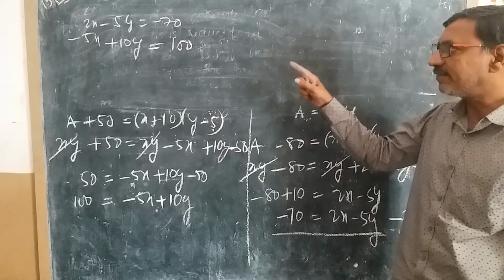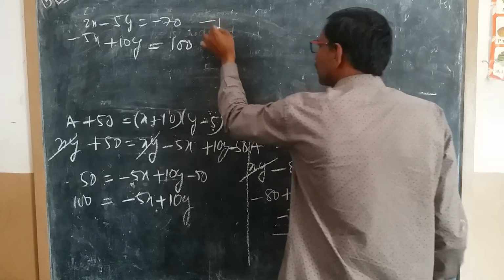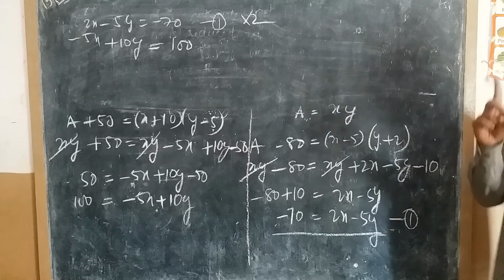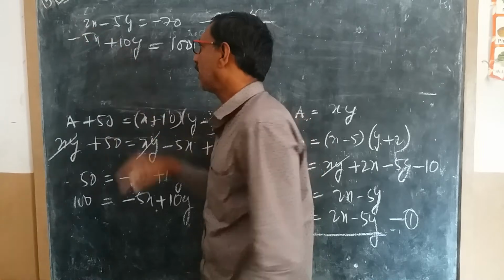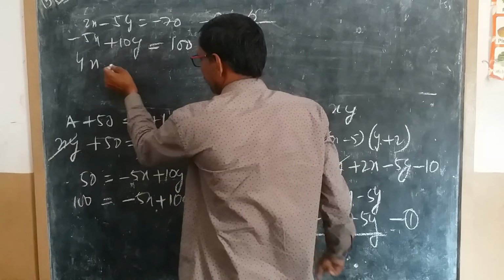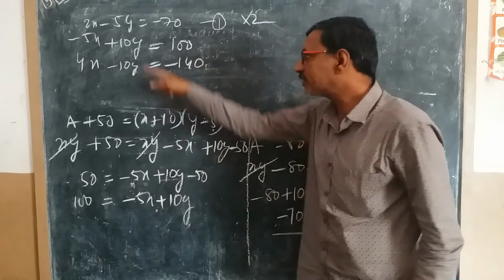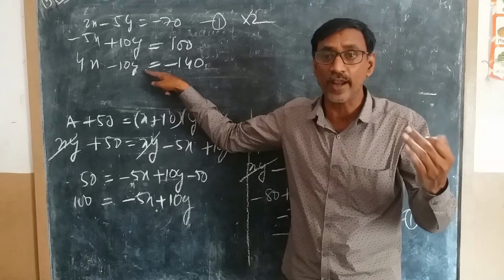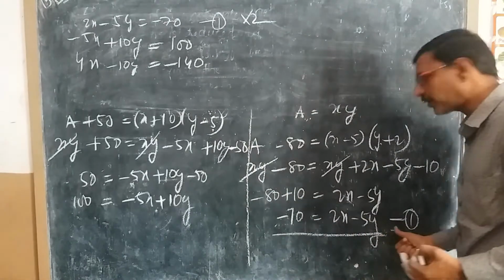Now I will multiply the first equation by 2. Why? Because when I multiply by 2 on the first equation, 2 twos are 4x, 2 fives are minus 10y, equals minus 140. Now see these two are the same. I'm trying to eliminate y from these two equations by multiplying by 2 on the first equation.